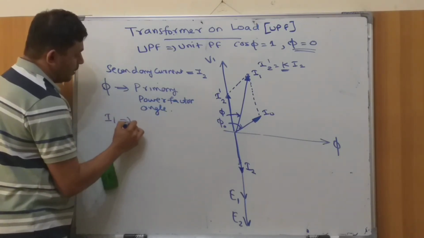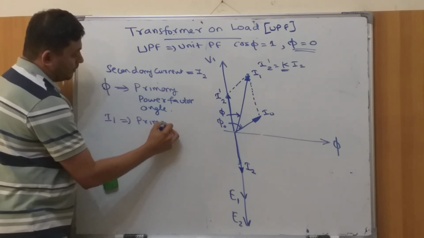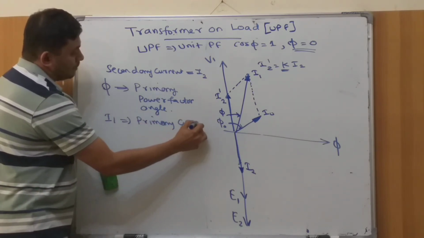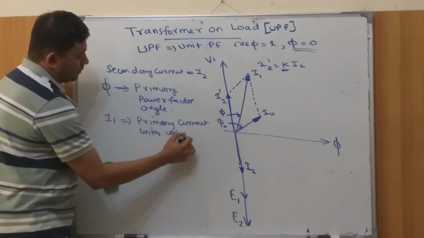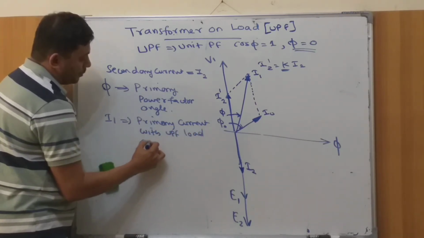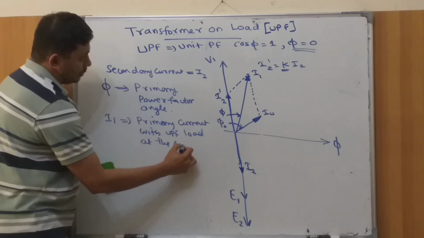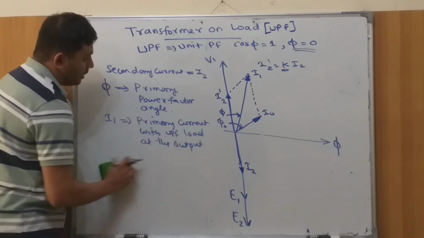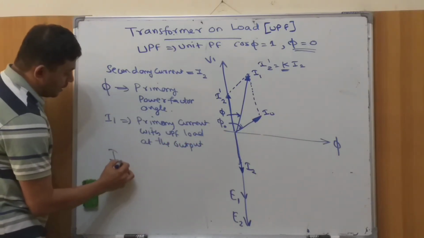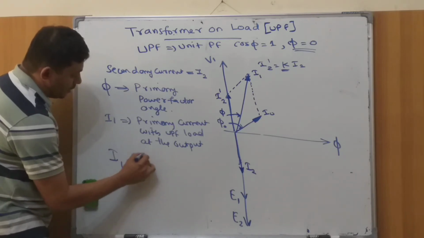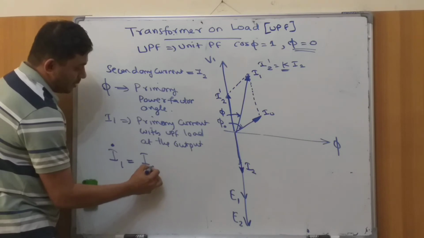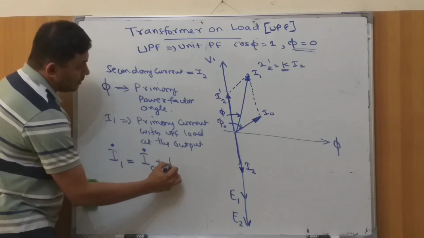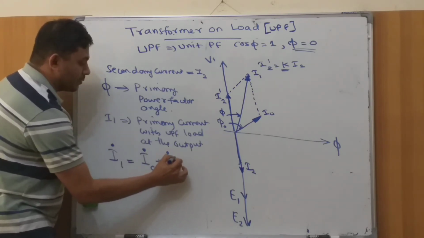I1 is the primary current, with UPF load. And what we can also see is that I1 vector, this dot indicates vector, is nothing but I0 vector plus I2 dash.